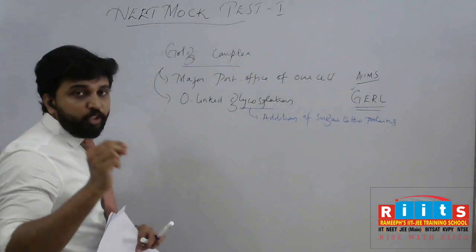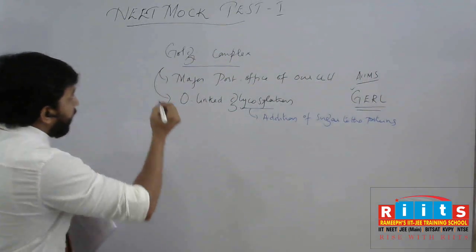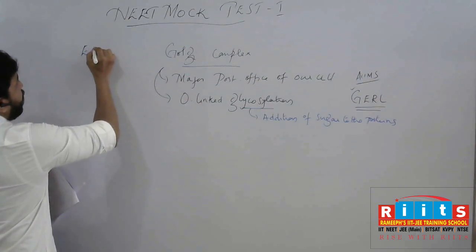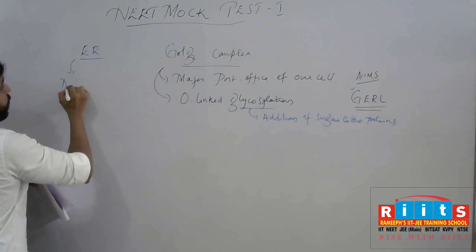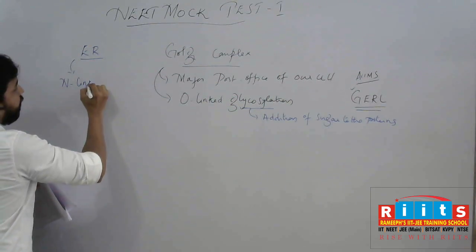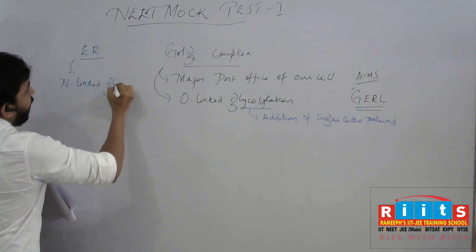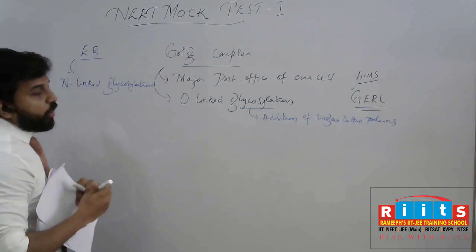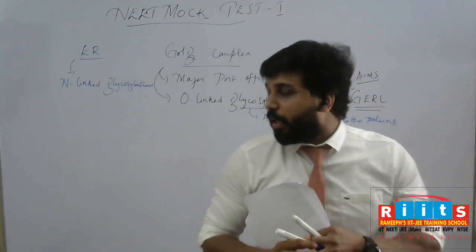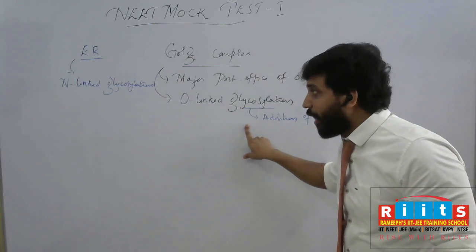So, dear students, don't forget that the endoplasmic reticulum performs N-linked glycosylation. So this is the major difference between Golgi and endoplasmic reticulum. Golgi performs O-linked glycosylation.